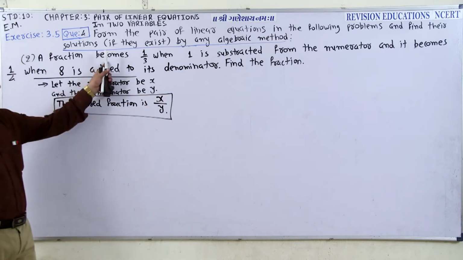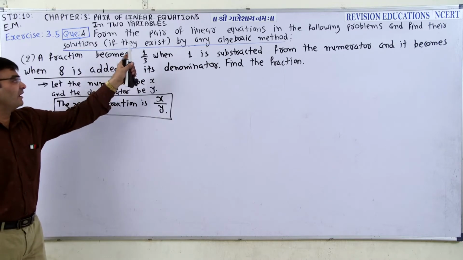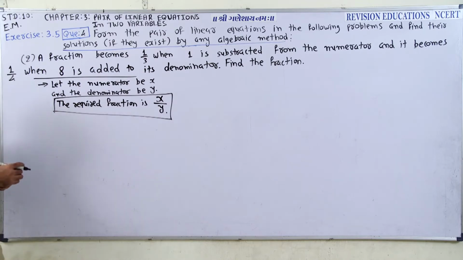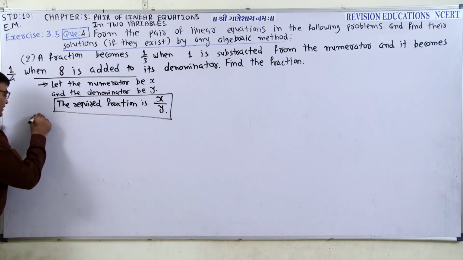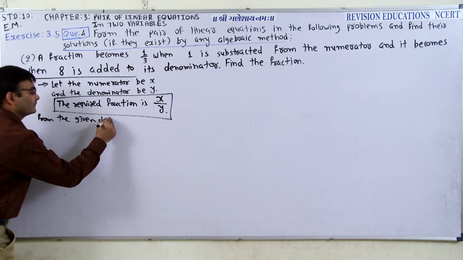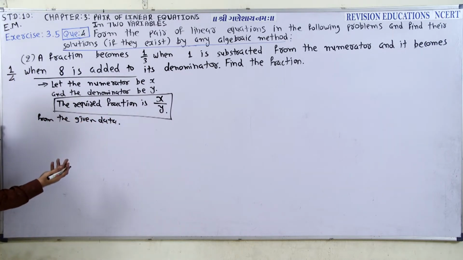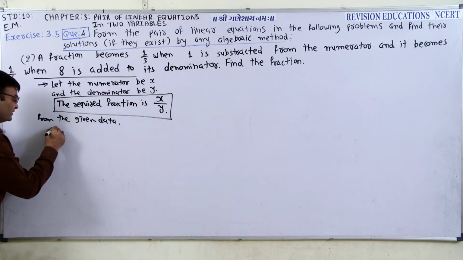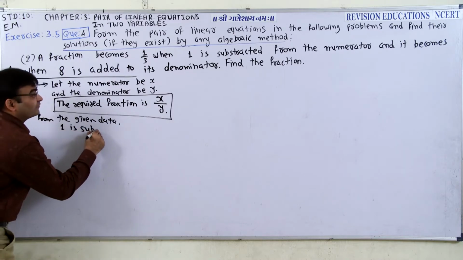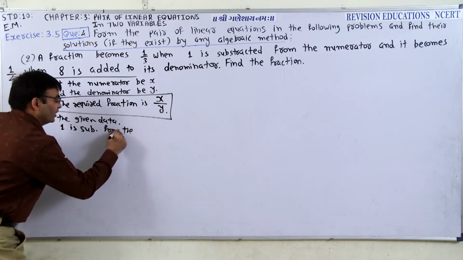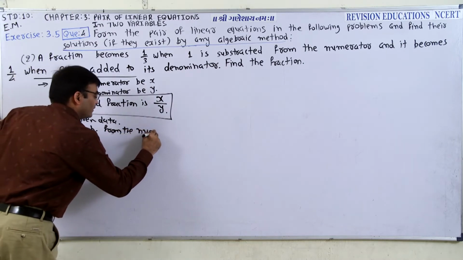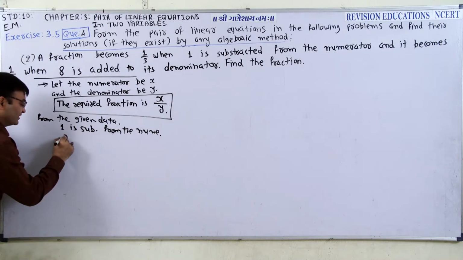Friends, here a fraction becomes 1 by 3 when 1 is subtracted from the numerator. From the given information, we can write: 1 is subtracted from the numerator.